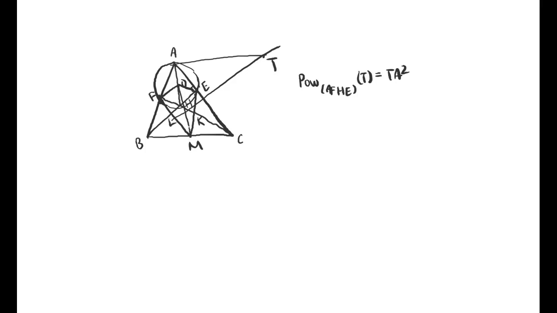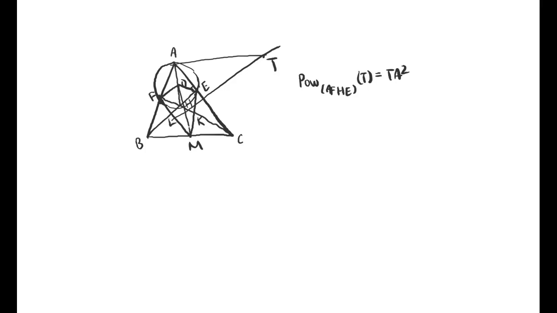And we want to show that OFME is cyclic, because if this was true, then OFM and OEM will both be 90 degrees, which implies that MF and ME are both tangent to the circle. And from this, you can see that LF squared is equal to LM squared, since L is the midpoint of MF.